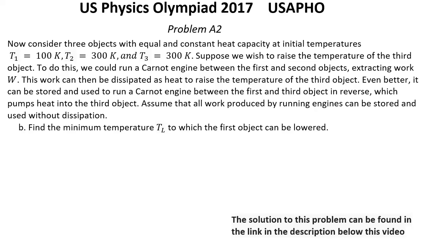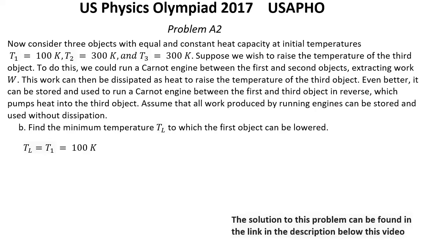Question B. Find the minimum temperature TL to which the first object can be lowered. Solution. Due to the second thermodynamical law, the minimum TL could be equal to T1, which is 100 kelvins, because during this process we cannot get a temperature less than the minimum temperature of this object.